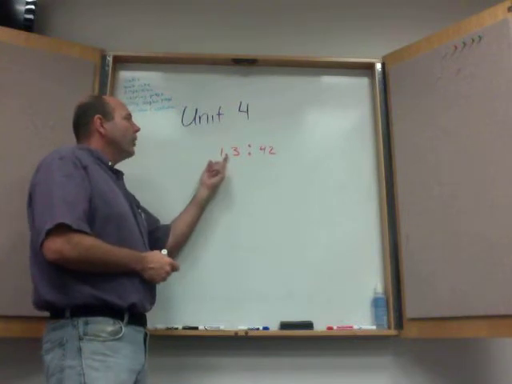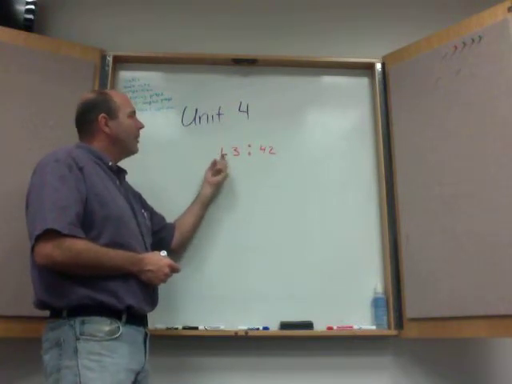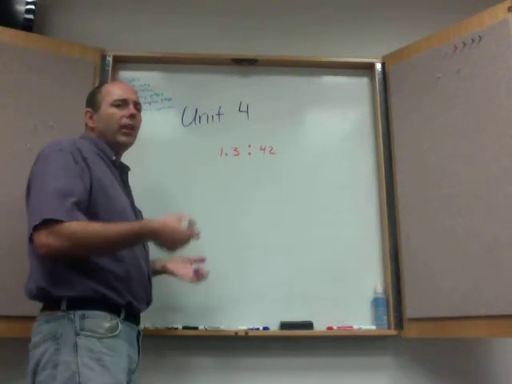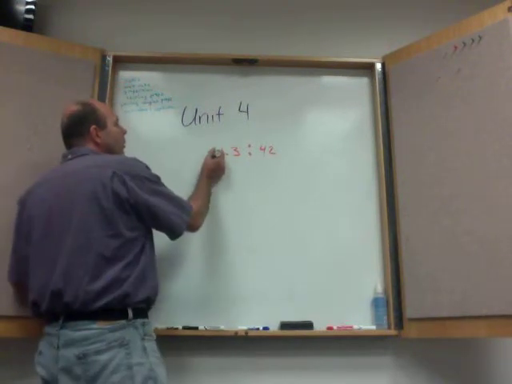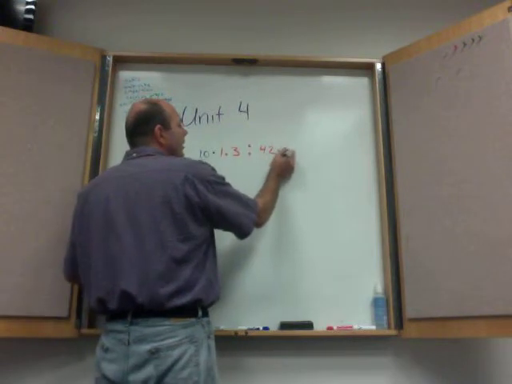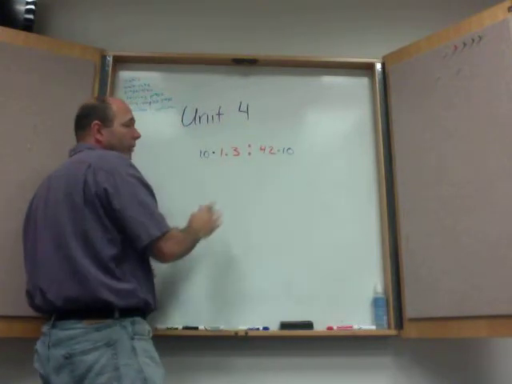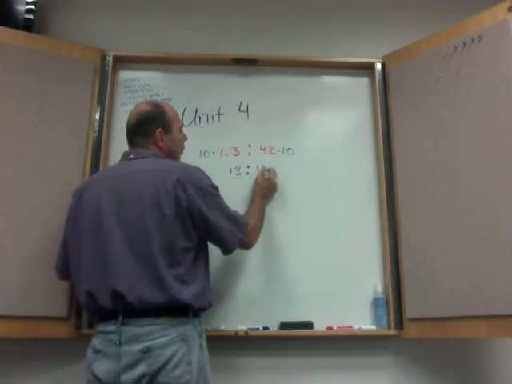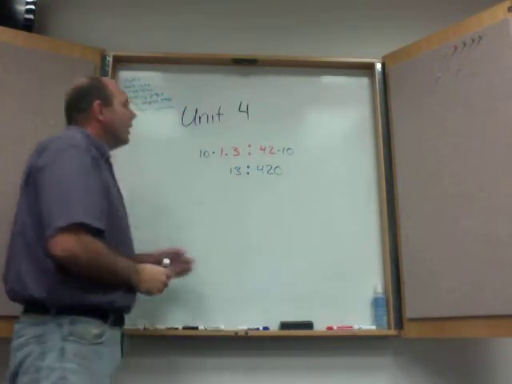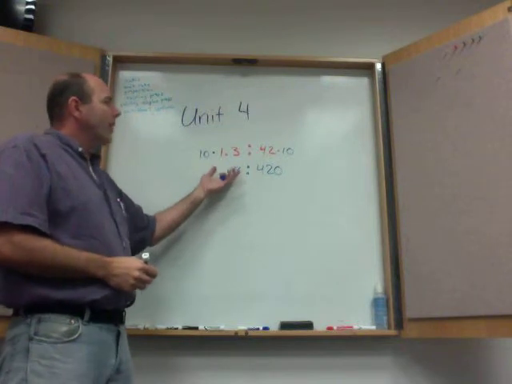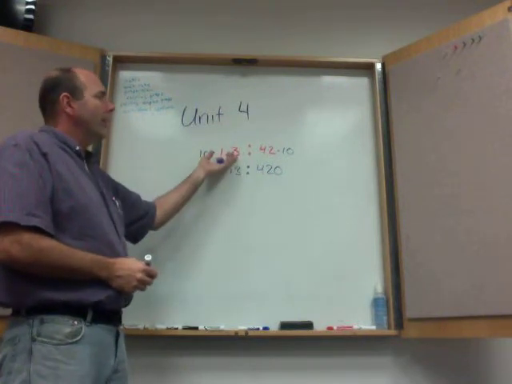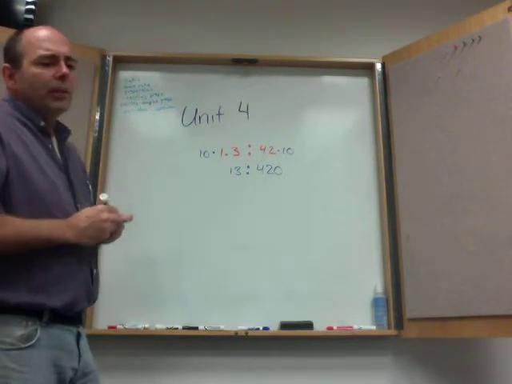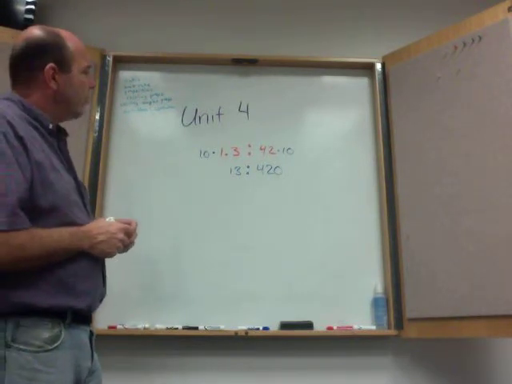What I'm going to do is multiply by 10, because when I multiply by 10, I move that decimal over. 1.3 times 10 is 13. So I'm going to multiply by 10 on both sides. Again, I'm doing the same thing, and I end up with 13 to 420. Now this is a simplified ratio because I have a whole number and a whole number rather than a decimal and a whole number. So that's how you eliminate both fractions and decimals.